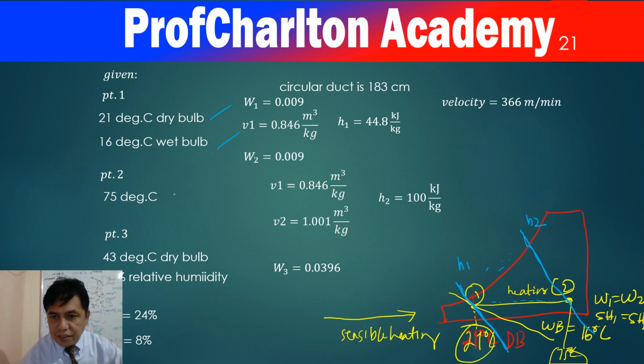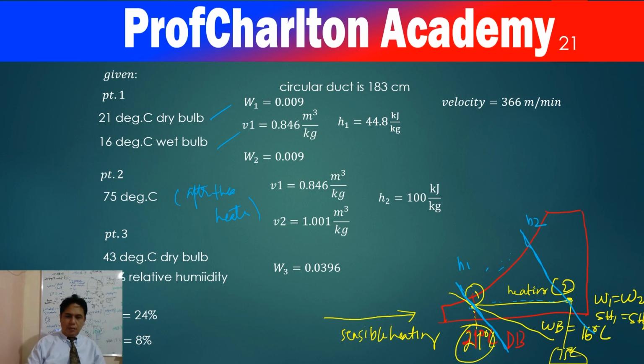Then point 2 is after the heater, or the end of the heater. The start of the heater is point 1, the mass of air, and then it ends in 2.